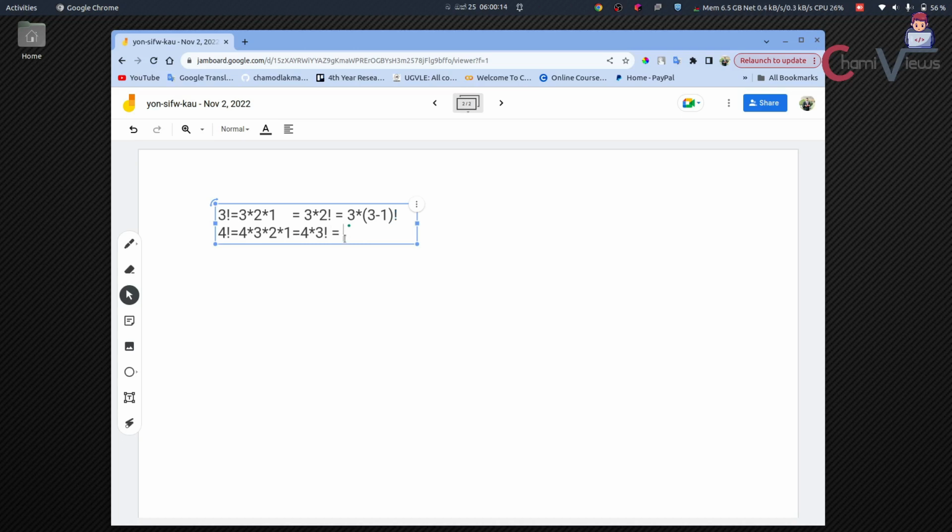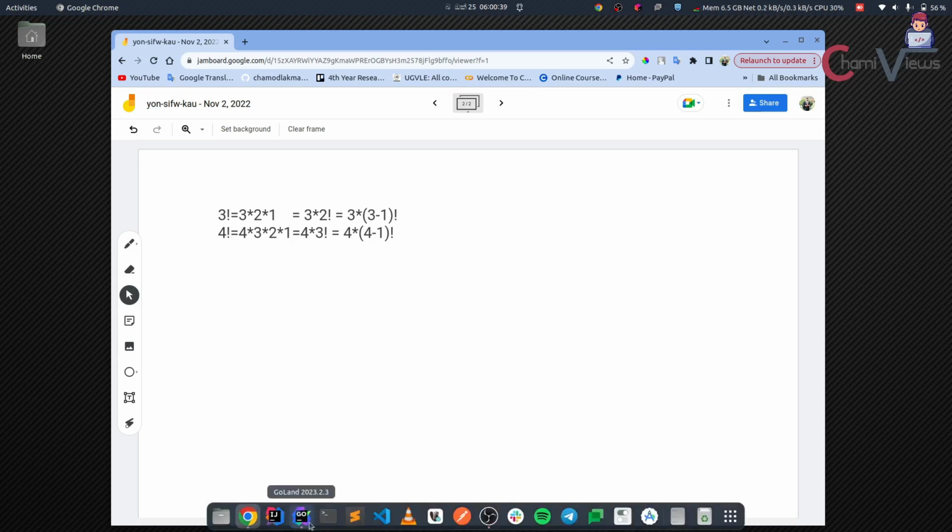Also we can write 4 multiplied by (4 minus 1) factorial. In this way we can get the factorial value. We can calculate the factorial by using recursion. Okay, I will demo that.